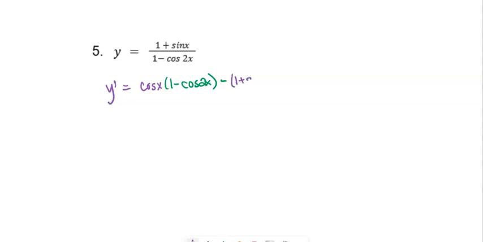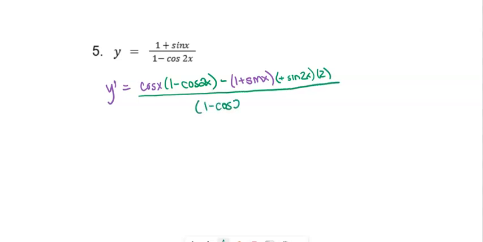I'm going to keep the top and take the derivative of negative cos 2x. So the derivative of negative cos is negative sine, and the derivative of 2x is 2. That's all divided by the bottom squared.